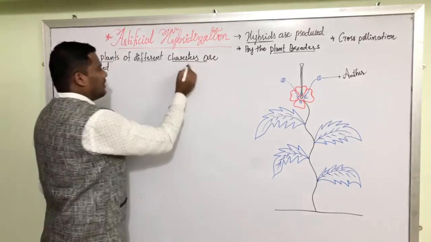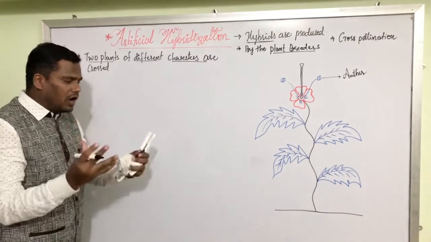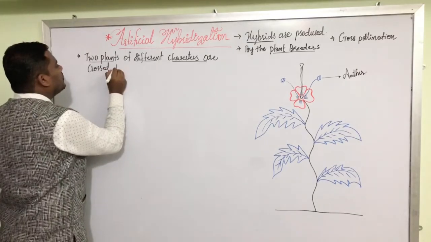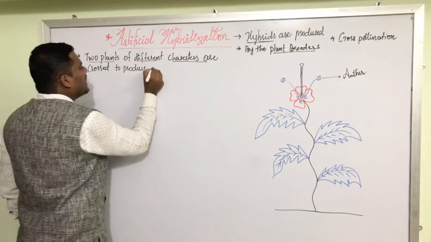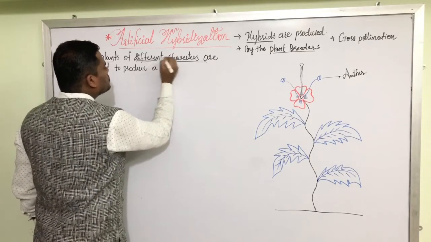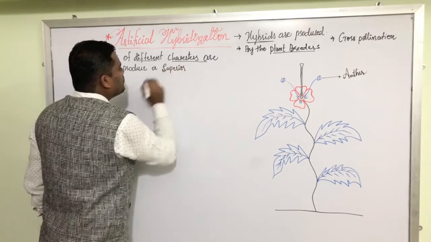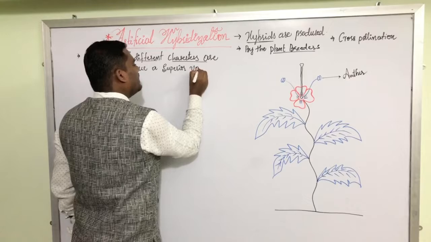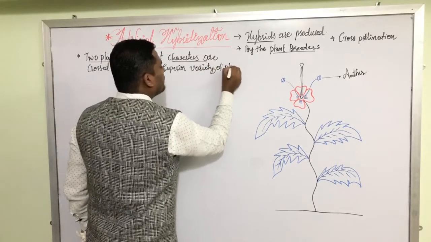With many different characters of two different plants, they are crossed to produce a superior variety of plant.